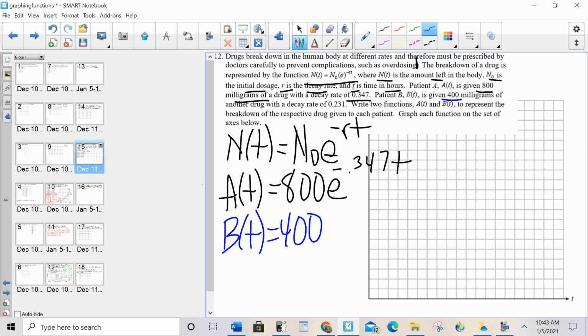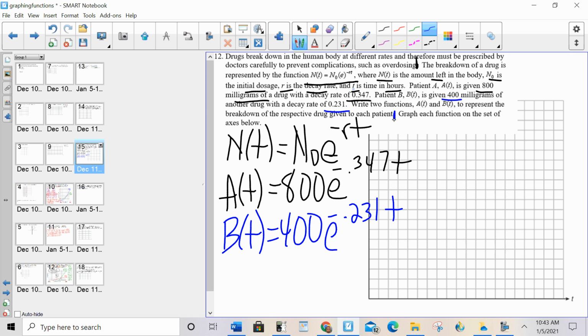So N0 is 400, and the rate is 0.231. So e to the negative 0.231 T. Write two functions, A of T and B of T, to represent the breakdown. We just did that.